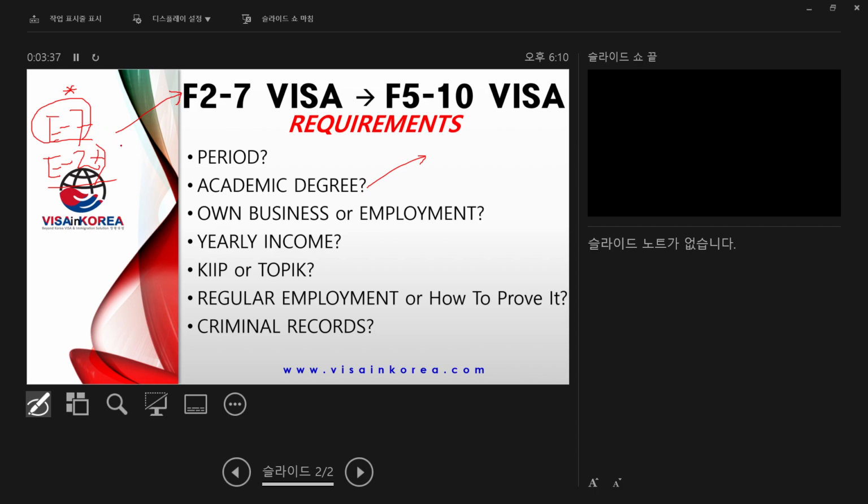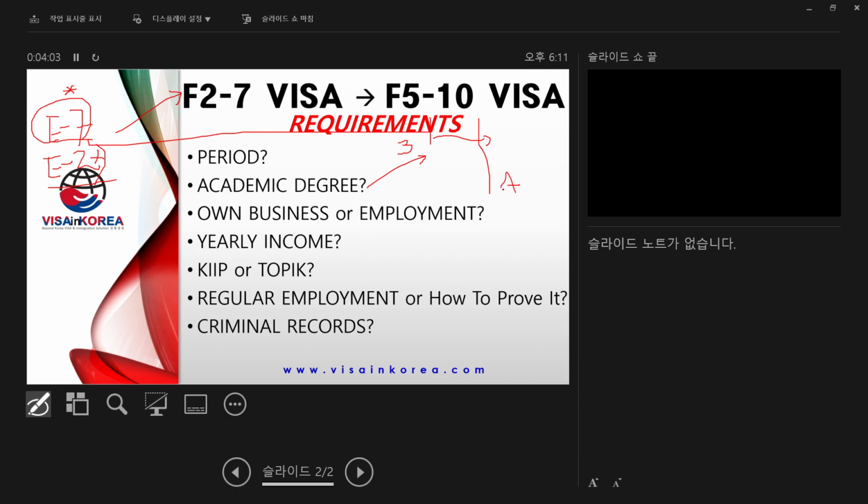So starting from your date of graduation from one of the Korean universities, from the date you graduated and got a degree to the date of application for the F510, it shall be over 3 years. And more than 3 years is okay. Yeah, it's okay. But it is counted at application time.